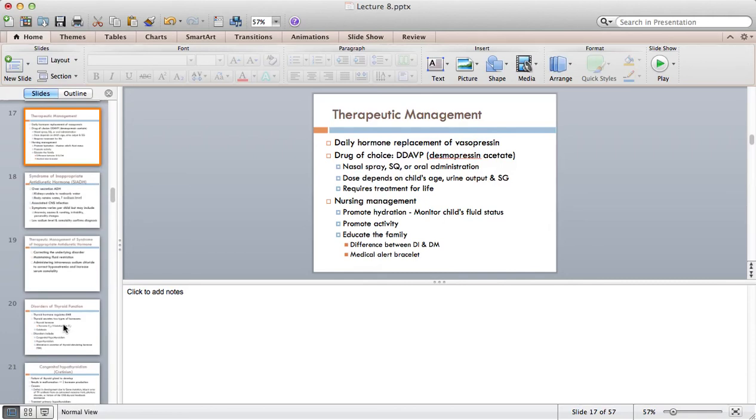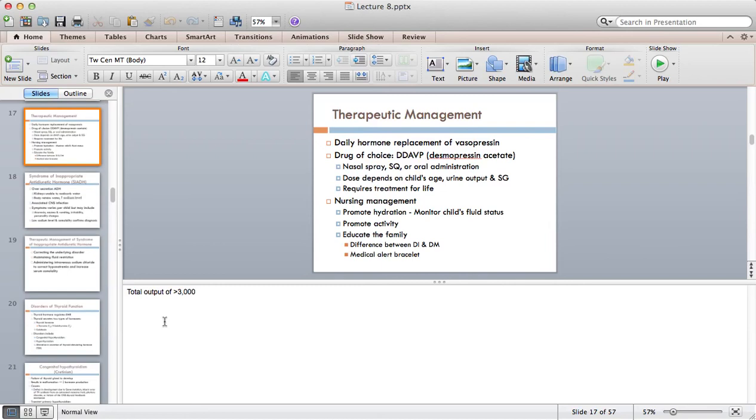You may notice that some of them would have a total output of more than 3,000 per day. That is still a lot. But if the child is putting out 1,000 milliliters of urine or more per hour, you need to report that to the physician, please.